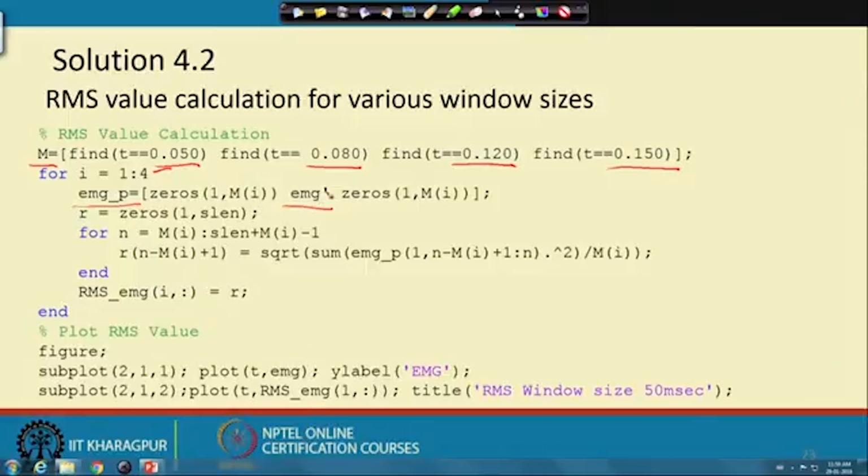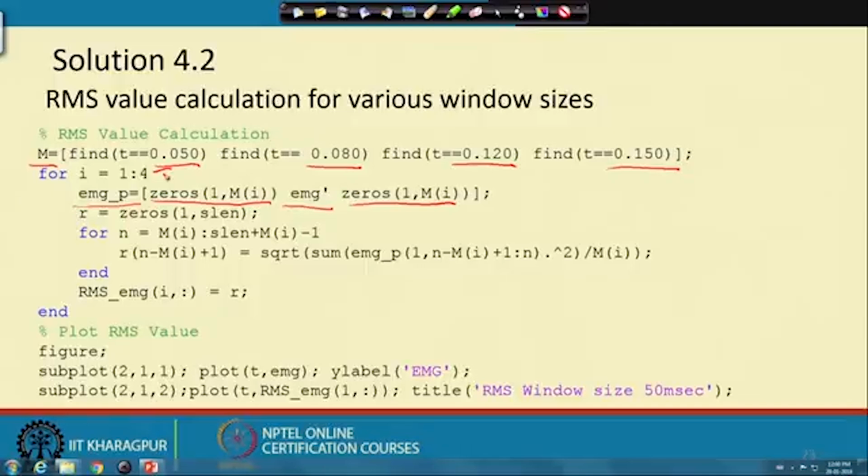So, we have taken the transpose, and on both sides we are taking the same number of zeros as the window size. We are padding it on both sides with the same number of zeros, so that we do not have any problem of not getting the data.